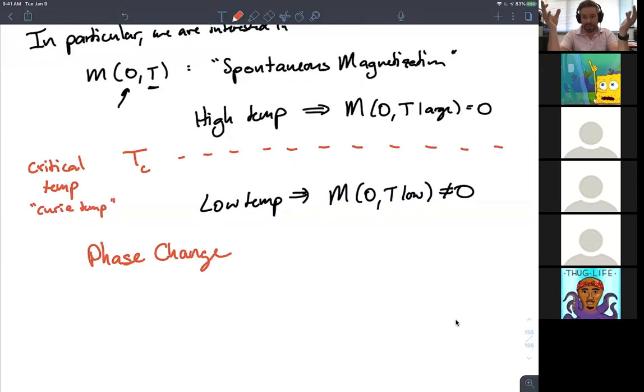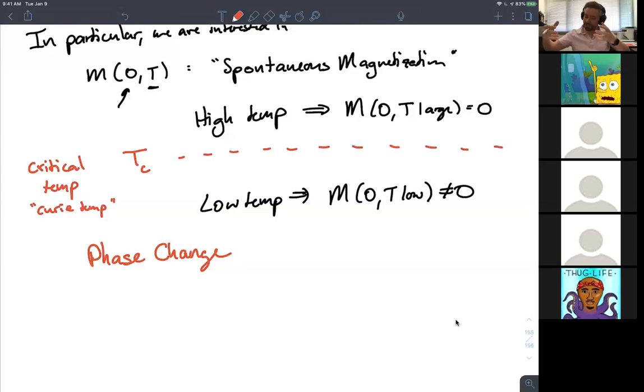The two phases we're talking about are unaligned spins at high temperature and aligned spins at low temperature. It's just like freezing water. Above 0 degrees Celsius, you've got randomly oriented water molecules, and you get water. You hit the freezing temperature and everything spontaneously aligns and freezes together, and they change phase. They become ice, so you change phase from liquid water to solid water.